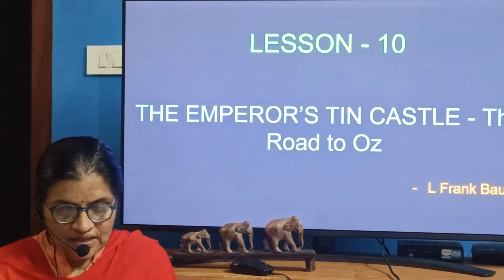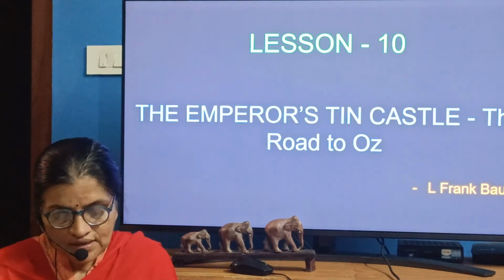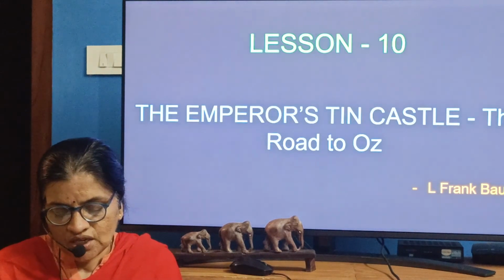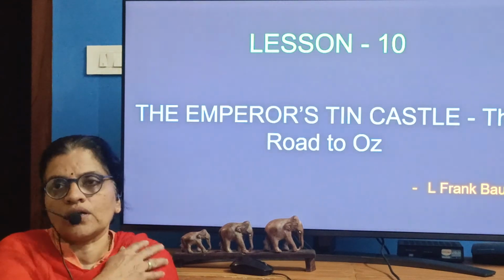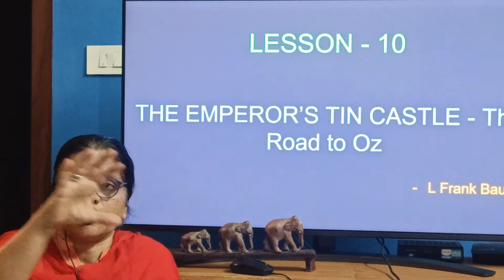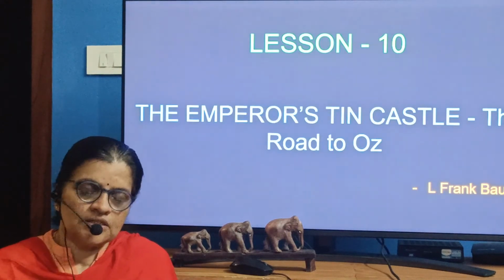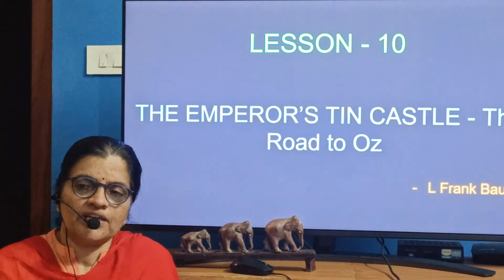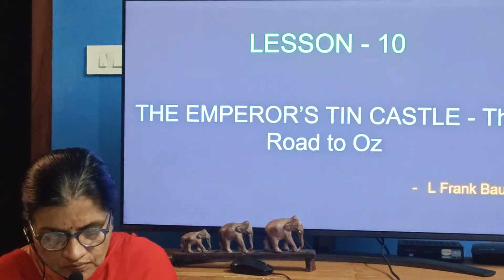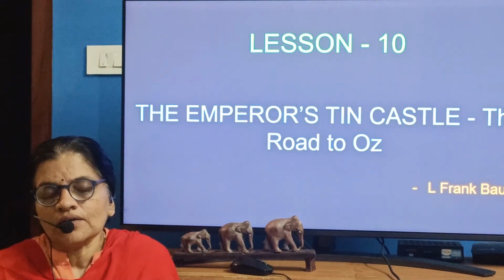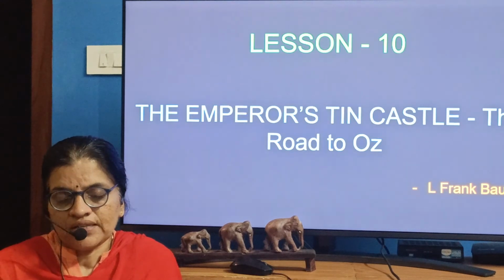The Winkies gathered near the castle gates to cheer their emperor as he marched away. When they were going, all the Winkies, all the people in the castle, gathered in front of the gate, and they marched away to where they wanted to go.